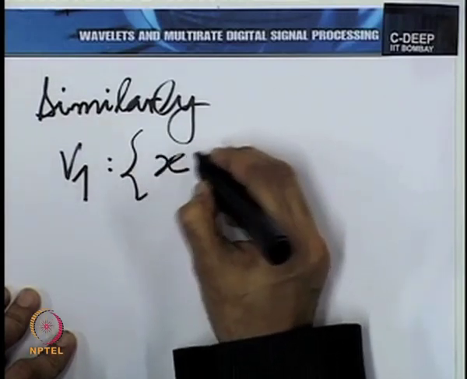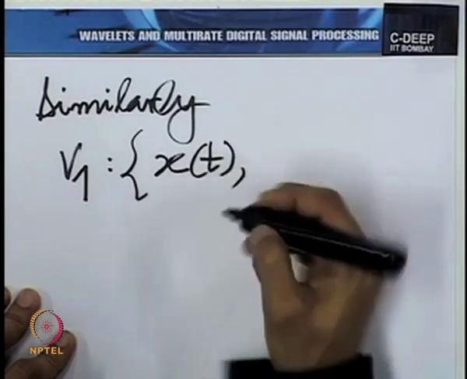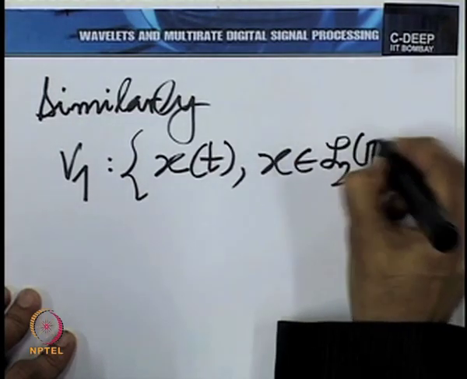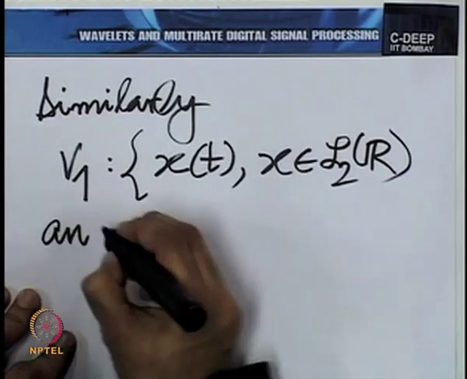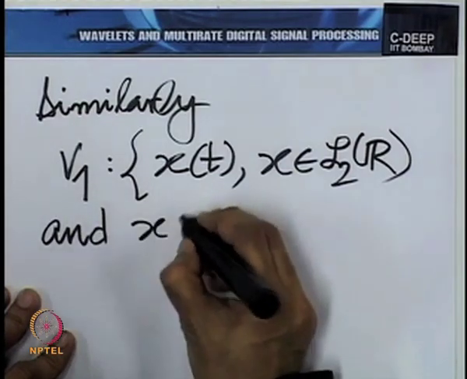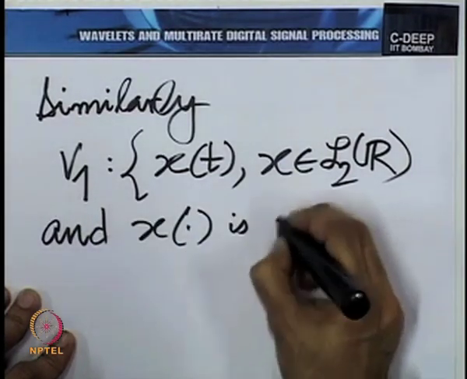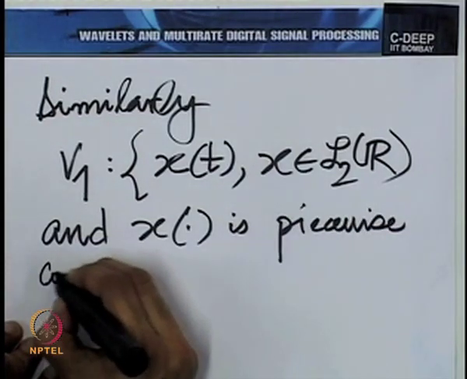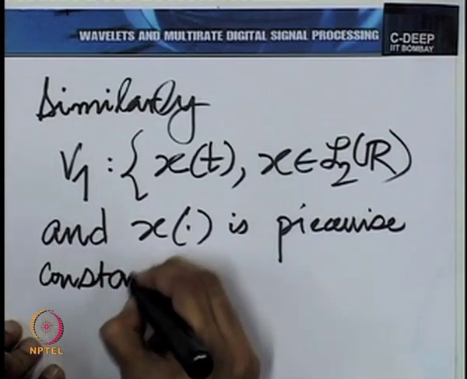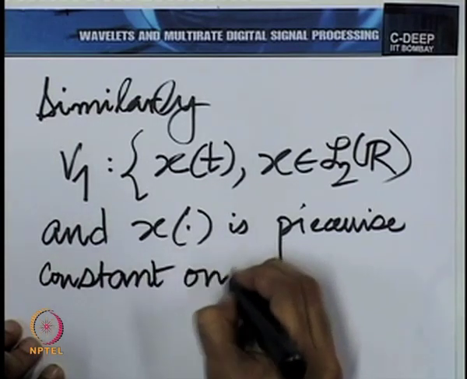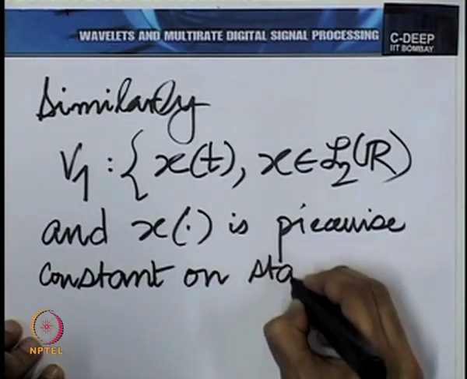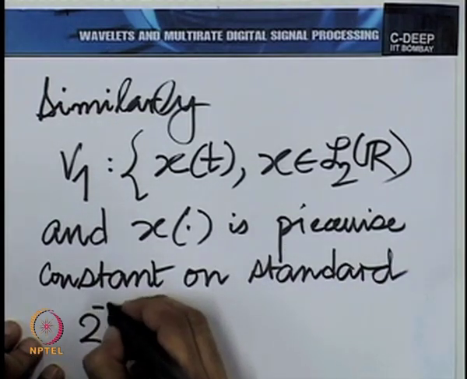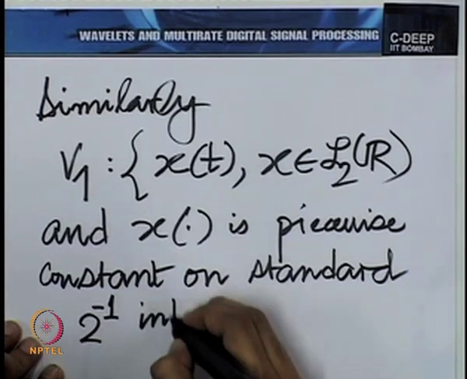The set of all x, x belongs to L 2 R, and x is piecewise constant on standard 2 raised to the power minus 1 intervals.